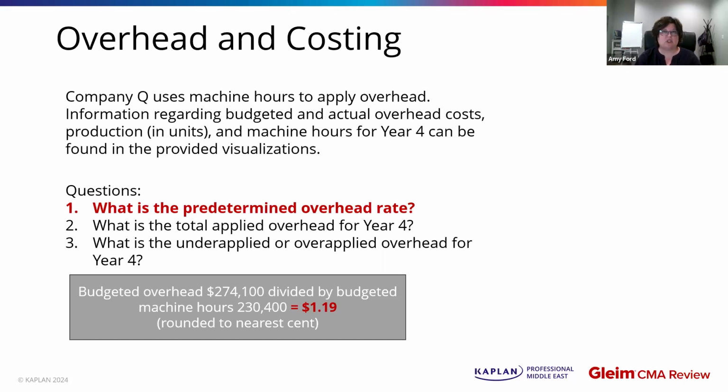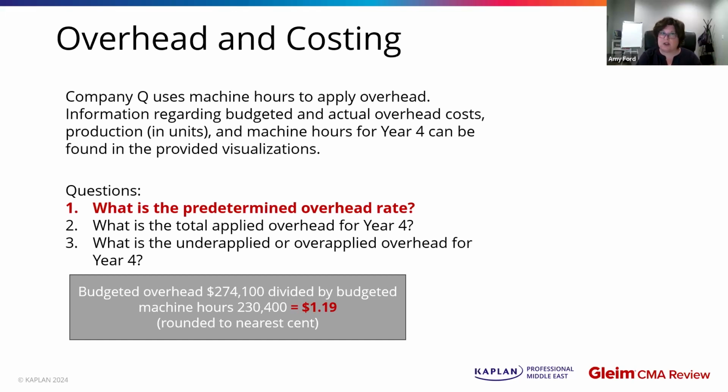The reason that we do this is because we won't know our actual overhead for the year until the end of the year. So how do we prepare monthly financials? How do we analyze our profitability, our cost on a monthly basis?